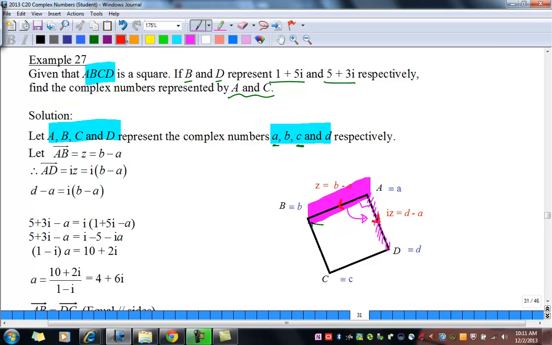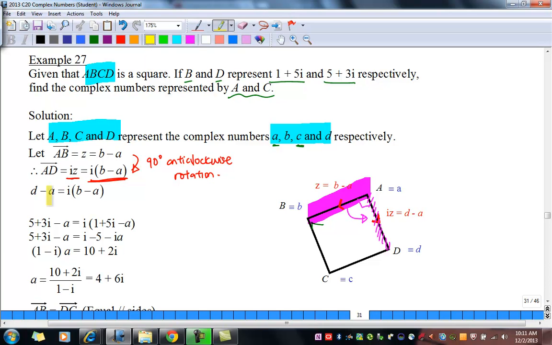So I can see that this is going to be a 90 degrees anti-clockwise rotation, which I know is simply the same as multiplying the complex number z by i, which is how I obtain this over here. So I know that AD will be i times B minus A.